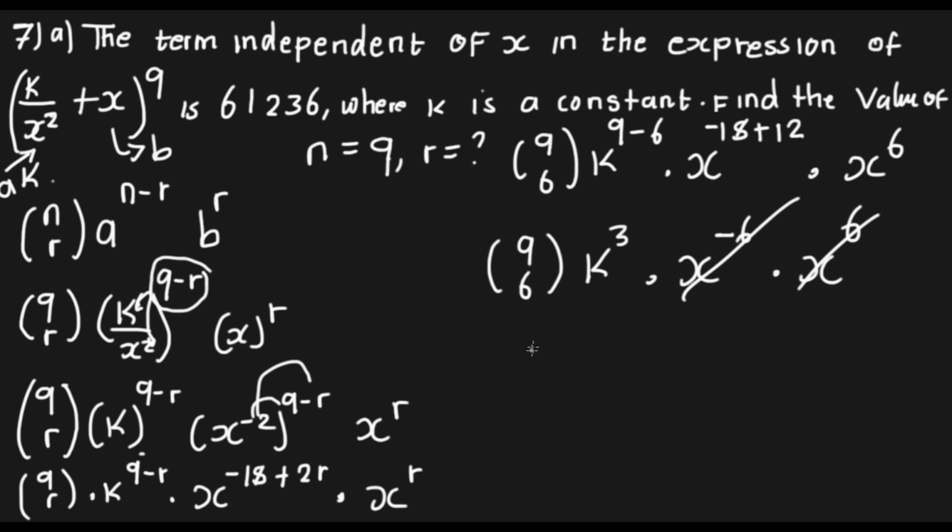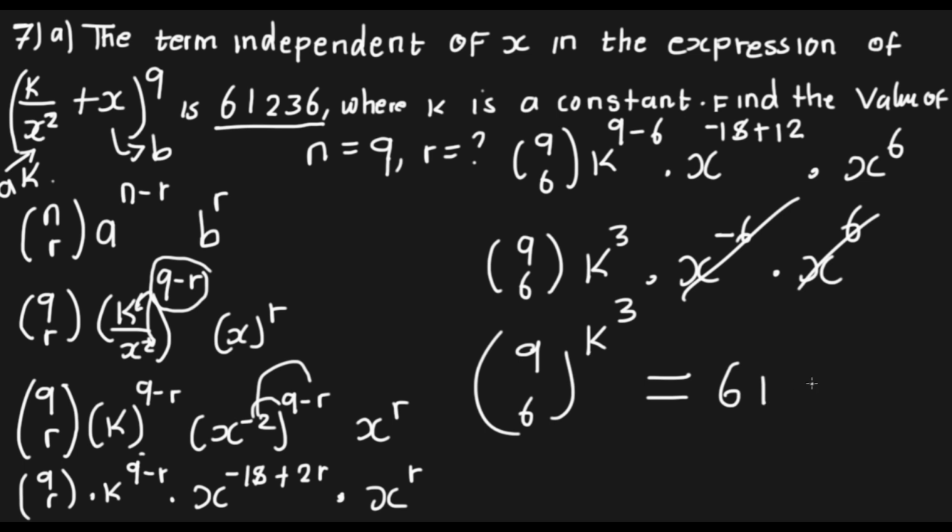So now we have 9 combined 6, which is k raised to the power 3. We are told this expression is equal to this number, which is given as 61,236.